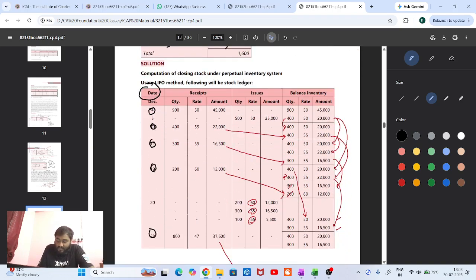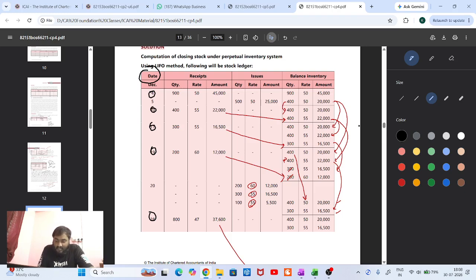Sir, how do we solve the answer? As I said, date, receipt, then the issues, and then balance. For everything, there are three things: quantity, rate, amount. Imagine, if you have purchased something, in the GST invoice there is how many units you have purchased, the amount of an individual unit, and then the total amount.